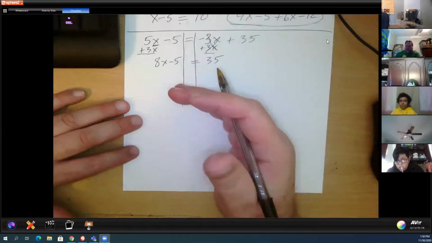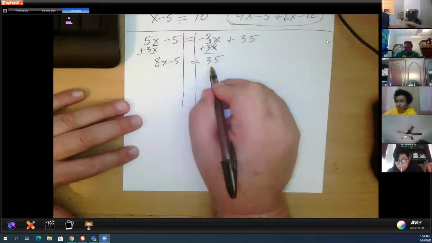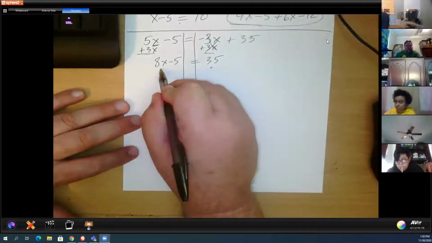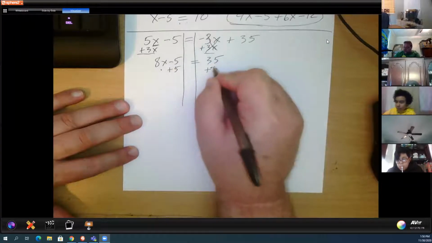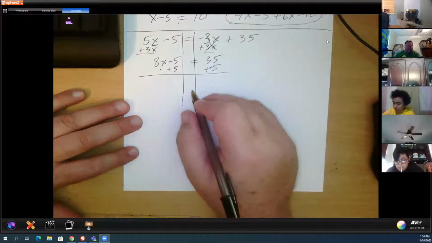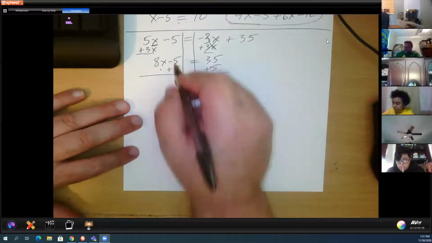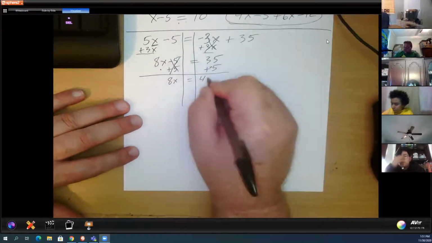Because all I want is x on one side and a number on the other. Well, I've got a number over here, and then I've got a variable term and a number term. So this number term needs to get out of there, because all it's doing right now is getting in the way of me finding the final answer for x. These two cancel out. I get 8x equals 40.